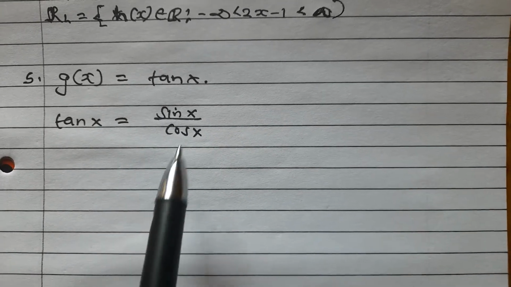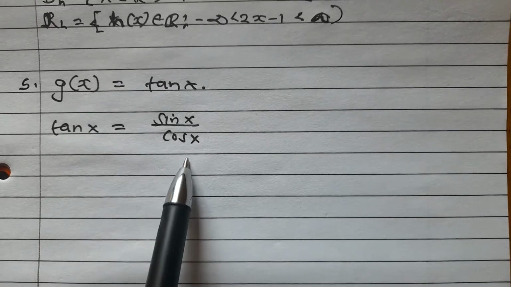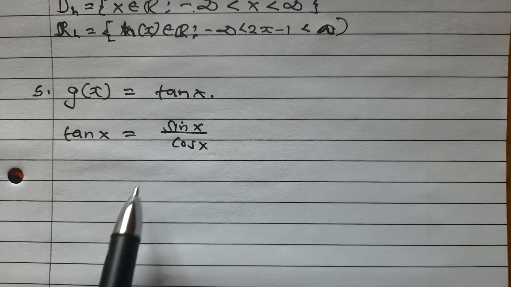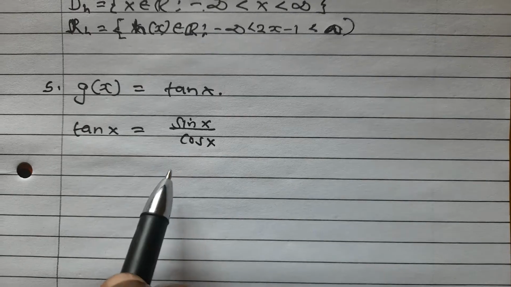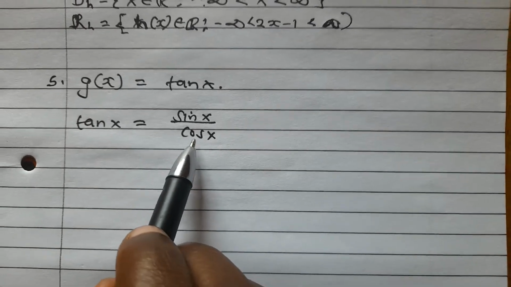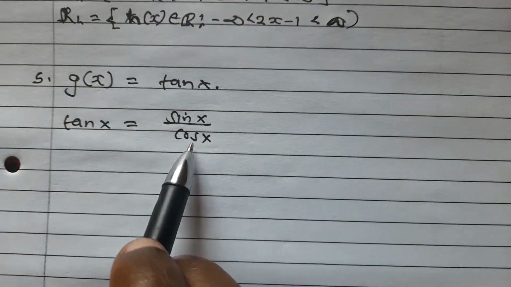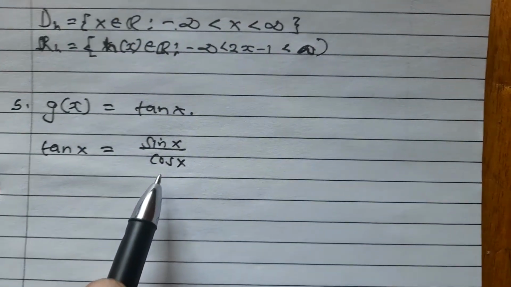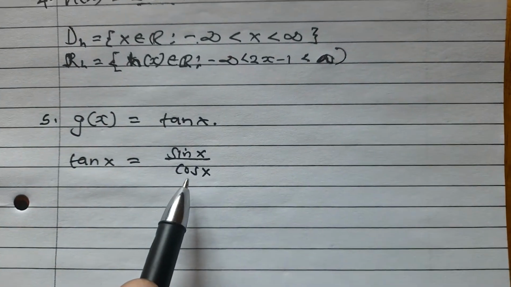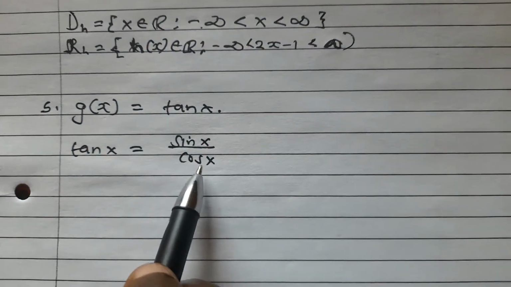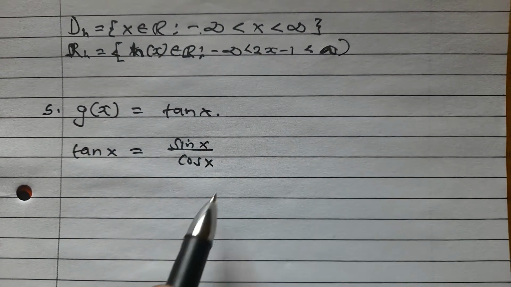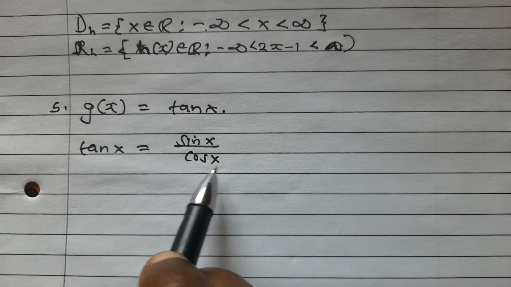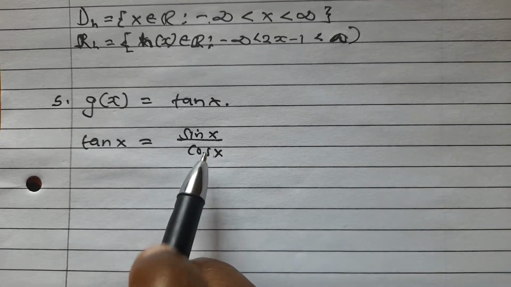And we know for a rational function, if we want to determine the domain, then we consider the denominator. If the denominator is giving us a 0, that means we cannot divide the numerator by a 0, and therefore the function is not defined at that point. So what we do, we exclude that value which will give us a 0 on the denominator from the domain.